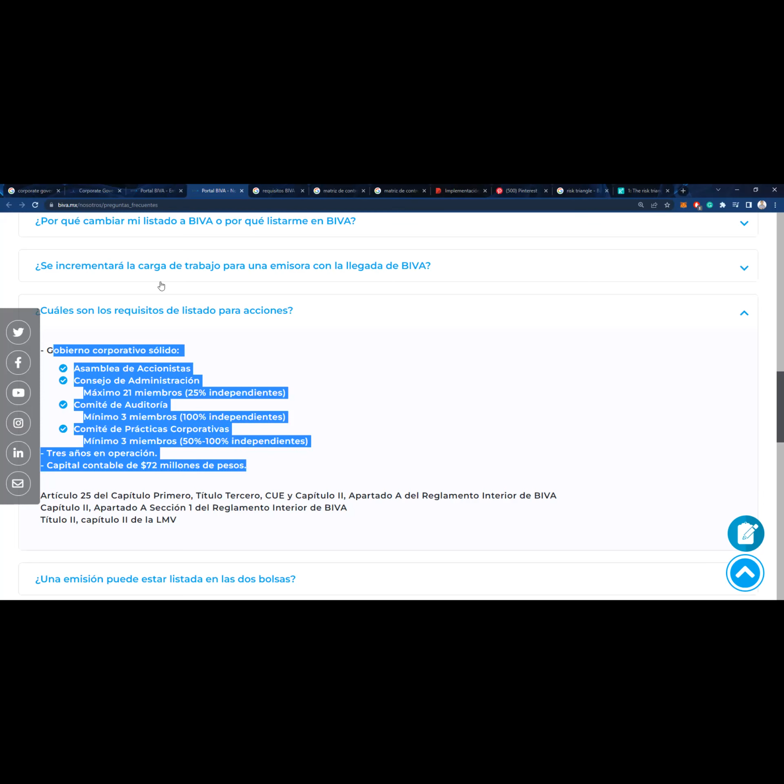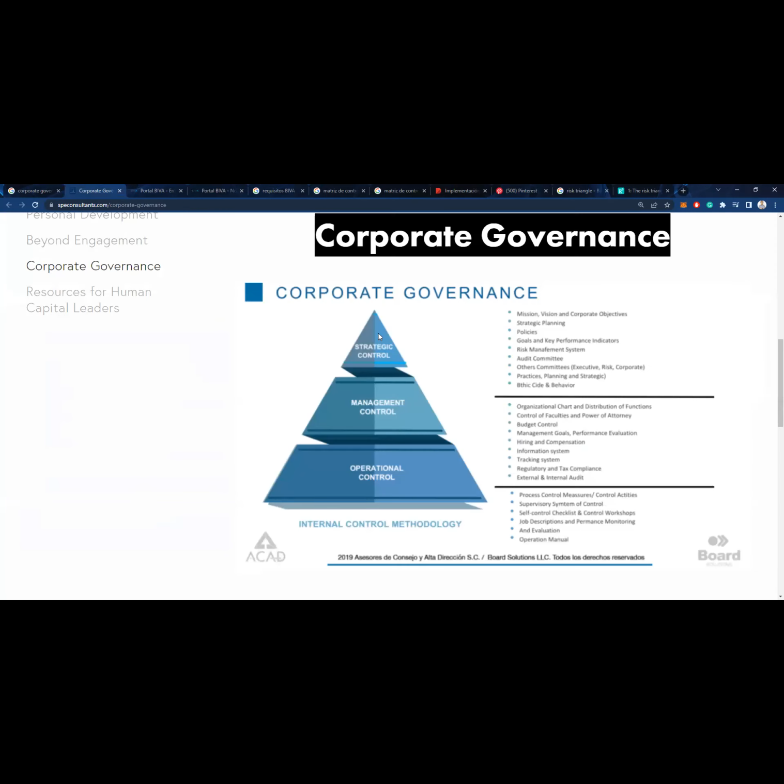All of this is the head of the corporate governance, the strategic control, which establishes the mission, the vision, the corporate objectives, strategic planning, policies, goals and key performance indicators, the risk system, the audit committee, okay?